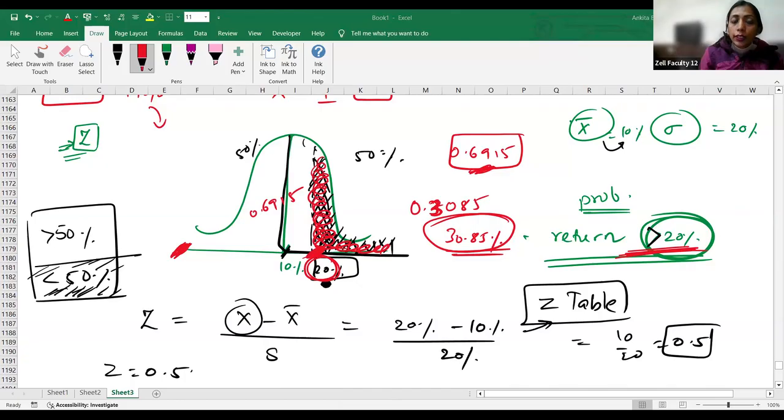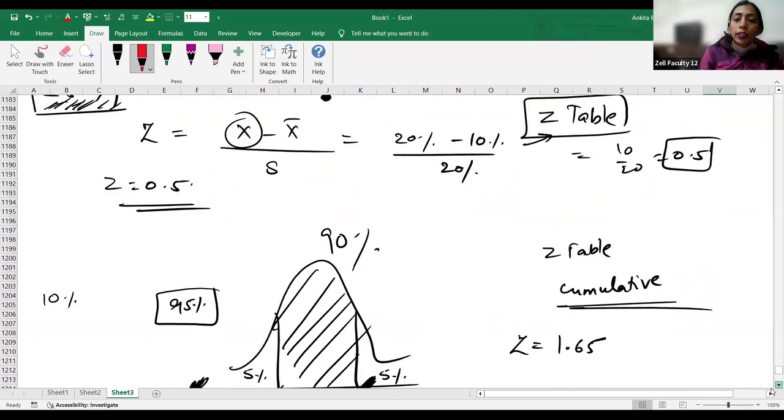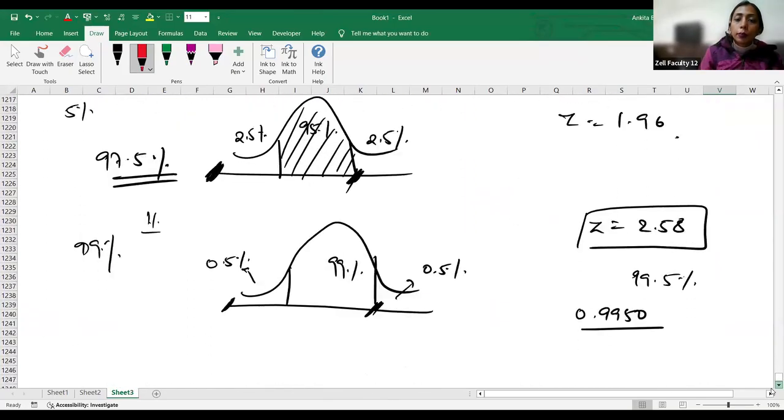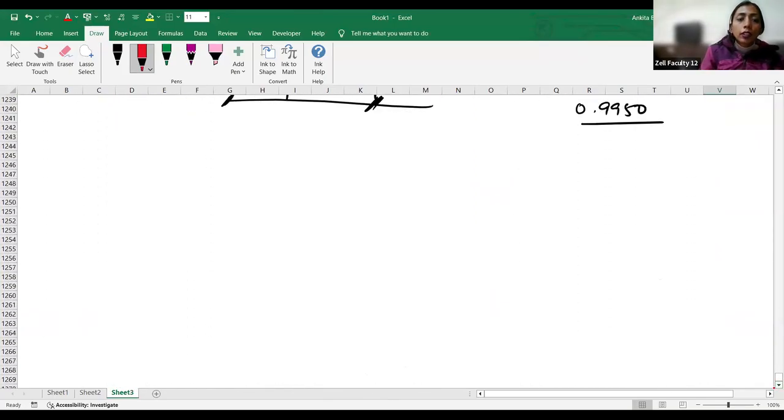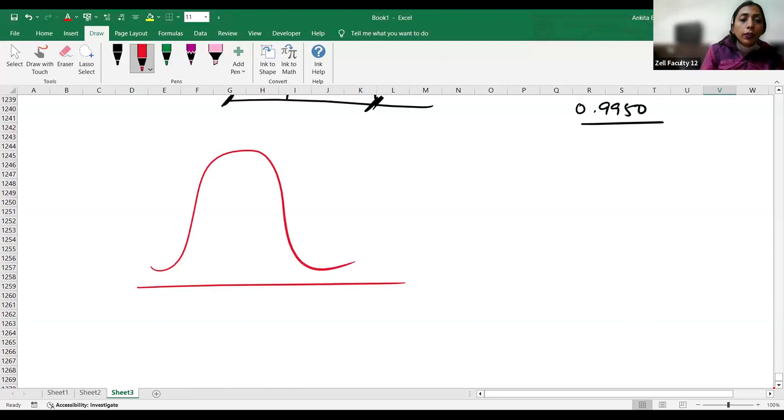So you know the Z table. Okay, simple. I'll give you one more question to check whether the Z table is understandable or not. I'm drawing a normal distribution curve and I'm telling you that the mean is 6 and the standard deviation is 2.